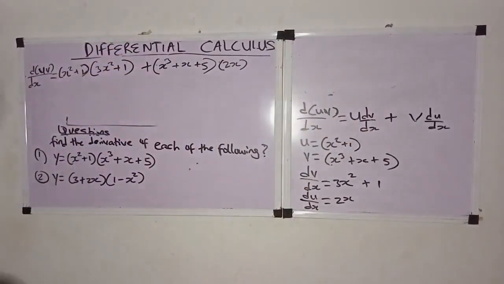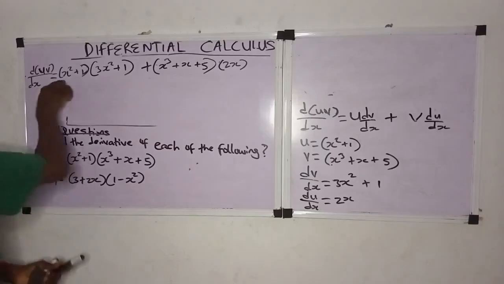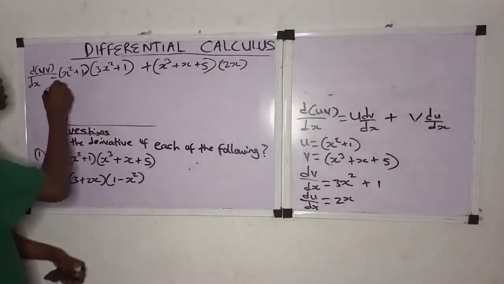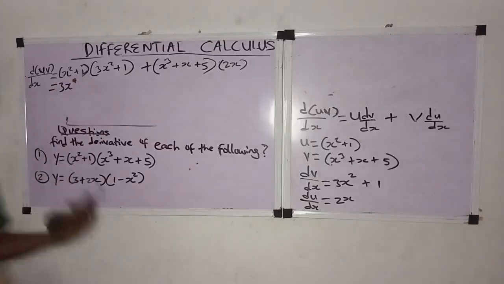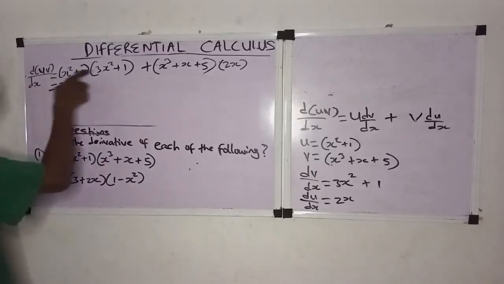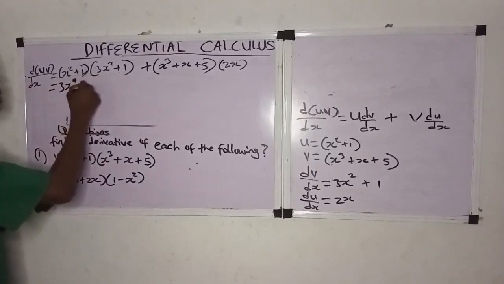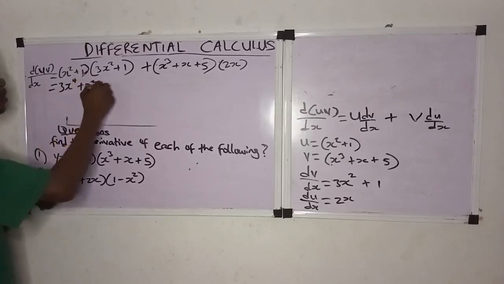So we have successfully inputted each of the values into the formula, right? So what I'm going to do next is simplify. S squared times 3s squared will give us 3s raised to power 4, right? Then s squared times 1 will give us plus s squared. Then 1 times 3s squared will give us plus 3s squared.